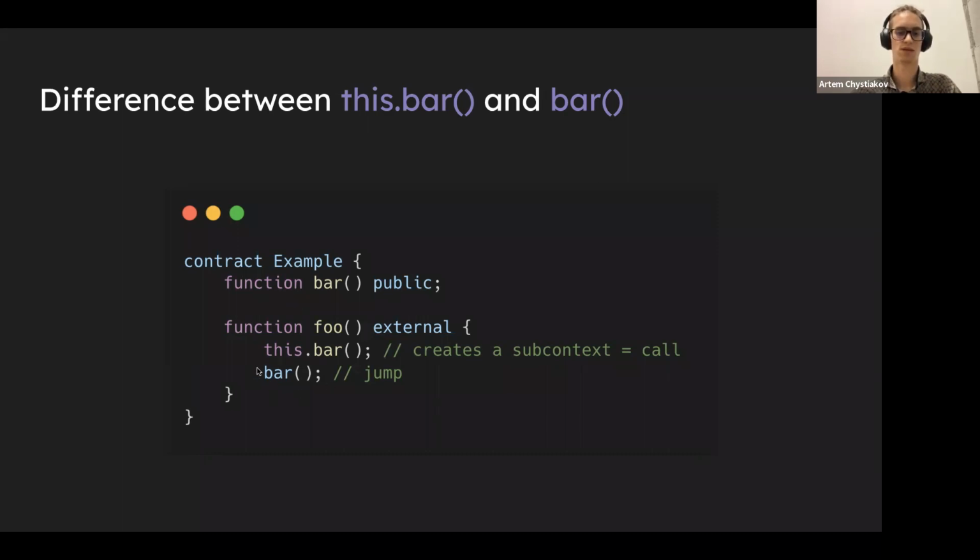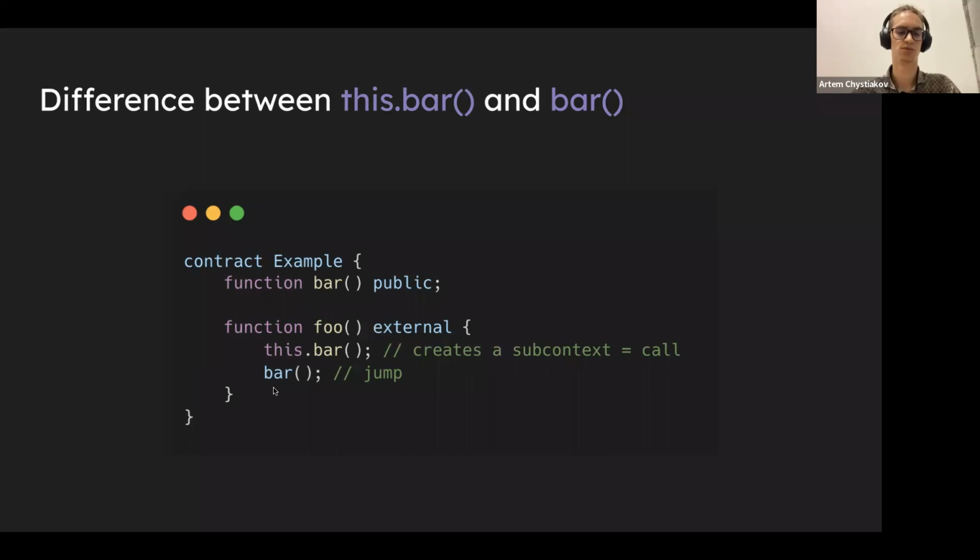But when you are calling the function like that, the message sender doesn't change. So here, the message sender will be the guy who called the foo function from the outside. And this internal call is not a call, but basically like a jump to where in the bytecode this function is declared to be executed first. So something like that.